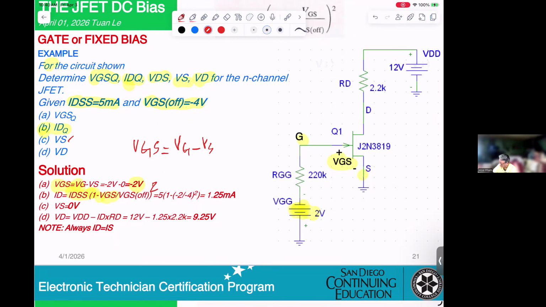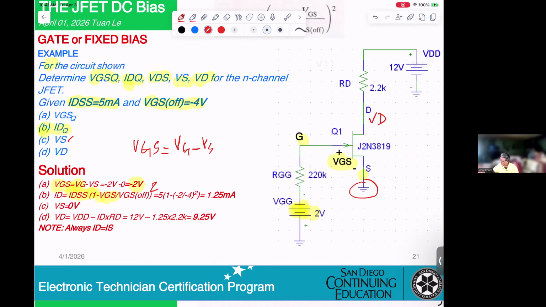The next, they want VF. Okay, VF, that means voltage here will be 0. And they want VD, that's the D here. Okay, that's the same as bipolar.